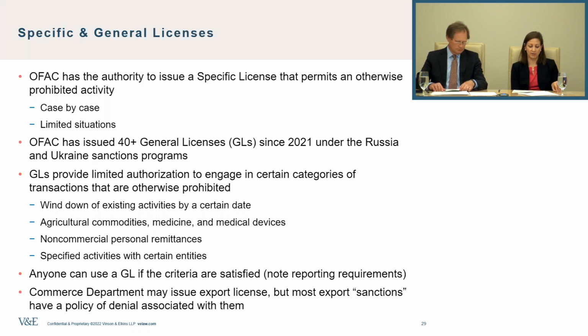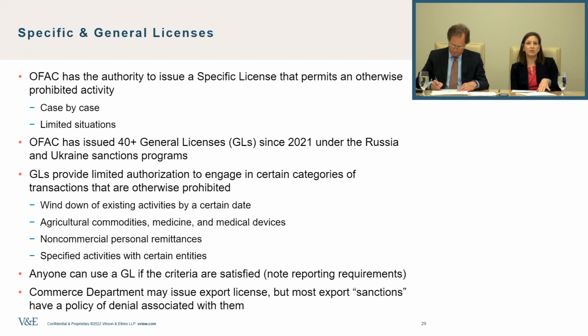And OFAC also administers general licenses, which are posted on its website under a given program page for its sanctions programs. At the present time, it has issued about 40 or more general licenses with respect to Russia since 2021 under the different Russia sanctions programs.